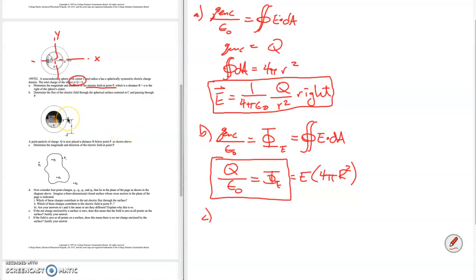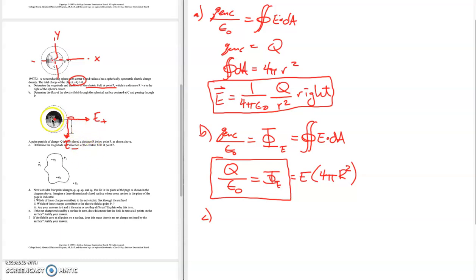Let's see if I can draw better. All right, so there's electric field to the right, and there's electric field down. So here's E from the plus, and here's E from the minus.